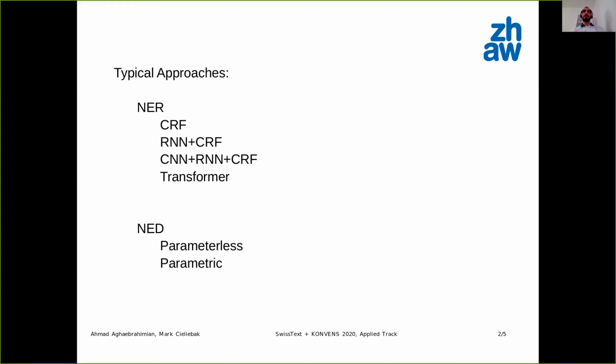So to get the good out of both worlds, we decided to combine these two approaches in a hybrid way. In the first step, we use a similarity function like cosine and compute the similarity score between each entity and all available formal names.